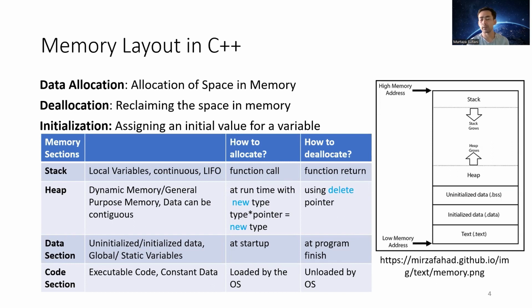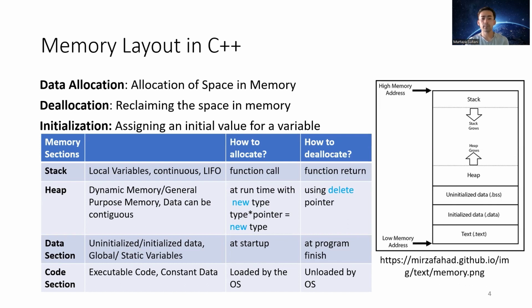We write type of data, and using pointer, it equals to new type. When we use these keywords, we actually allocate memory for a variable in the heap part of the memory. And if you want to deallocate and remove this from the heap section, we use delete pointer.